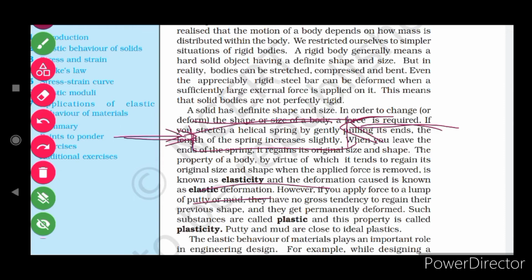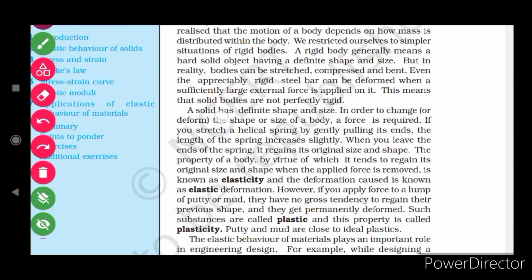For a second, I assume that it is a spring. Suppose I had applied force on a spring. Can you tell me what would have happened if I apply a deforming force on a spring? Yes, obviously you have guessed. After I have removed the deforming force, it will return to its original position.